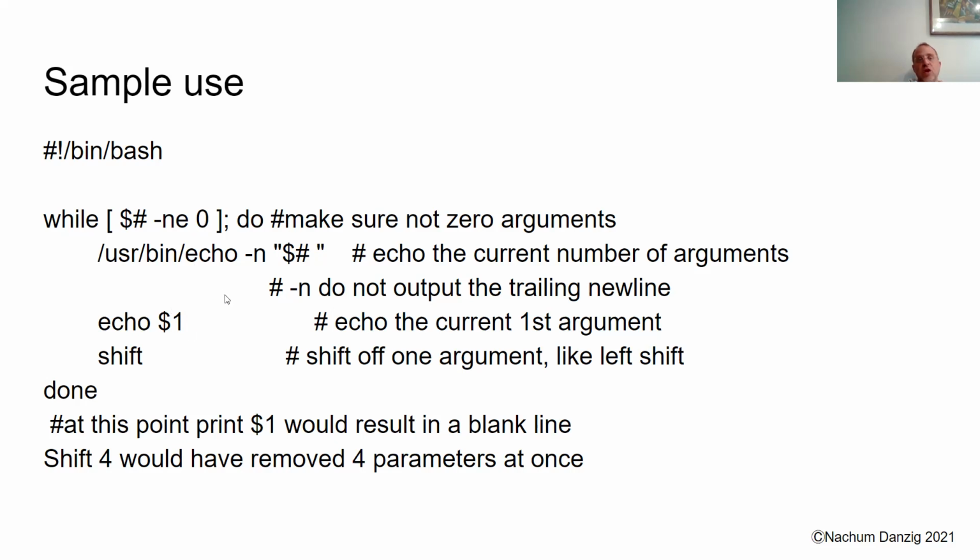So I'm basically shifting off each argument as I come to it and printing it out and then shifting it off. And then the number of arguments is going to get smaller until it gets to 0, then it's going to stop the loop.